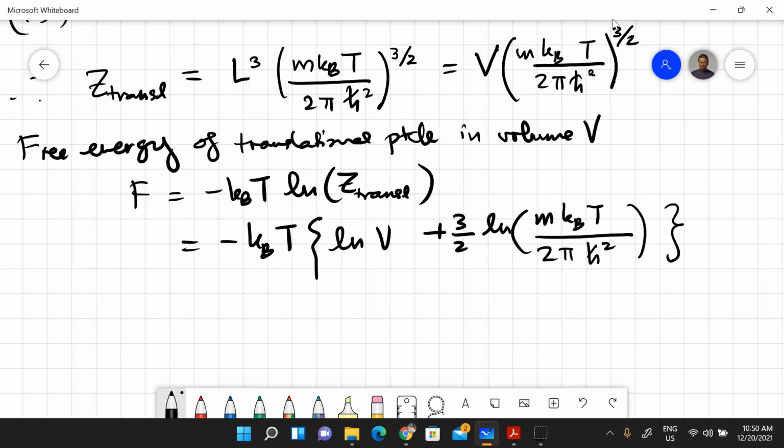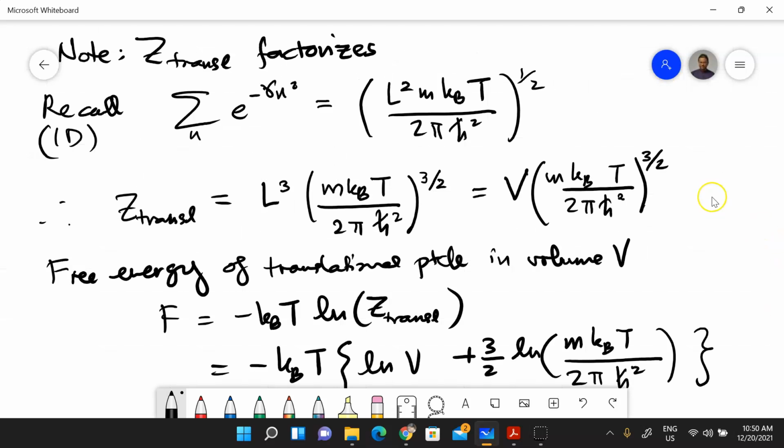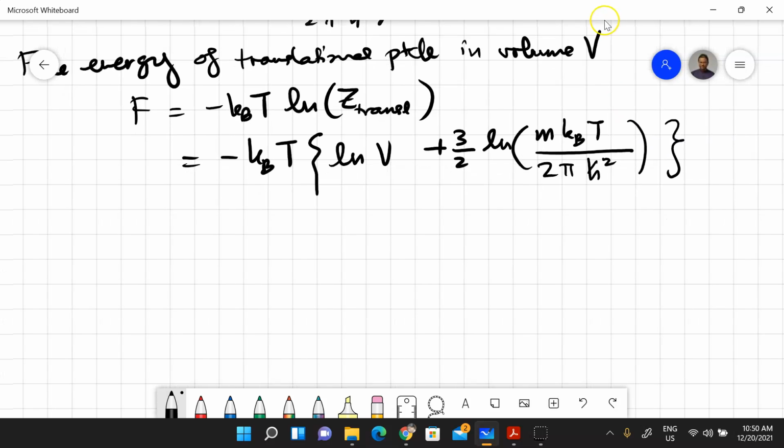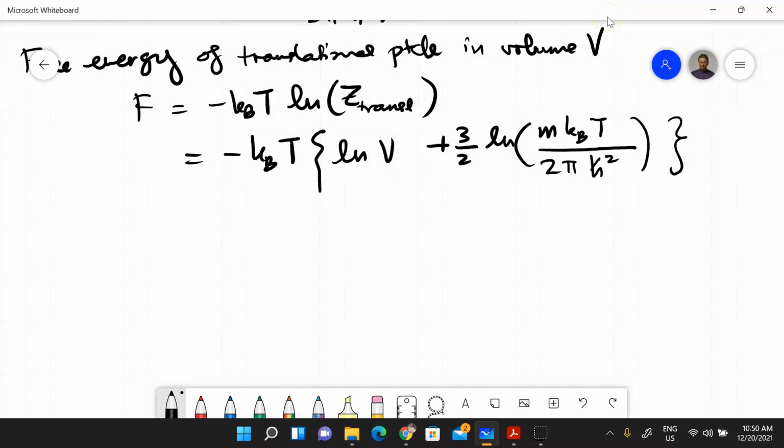This is a good start for you to calculate other thermodynamical variables, particularly now that we have this dependence on V. For example, your pressure: recall your pressure is given by the partial derivative of your free energy with respect to V at constant temperature.